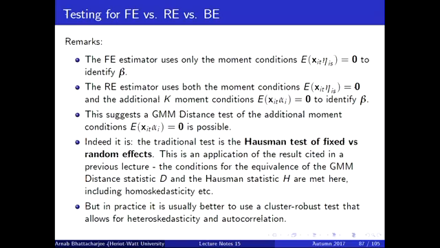And then you take the covariance matrix of the difference between FE and RE, all right, and then you do beta hat FE minus beta hat RE prime. Depending on whether you are writing that as a column vector or a row vector, you have the prime in the appropriate place. But that is your distance test. Okay?